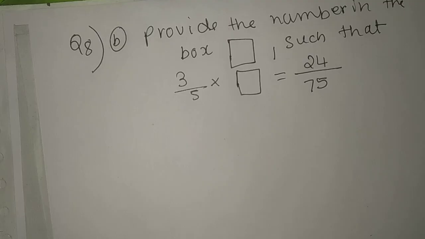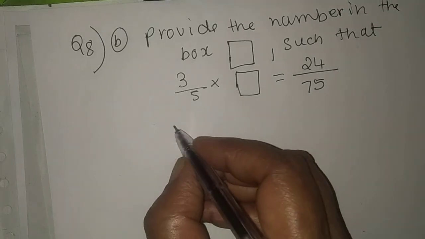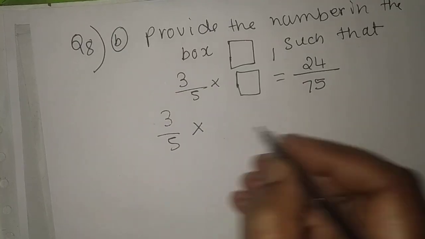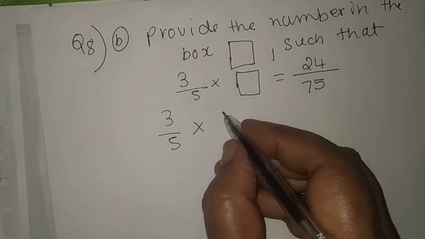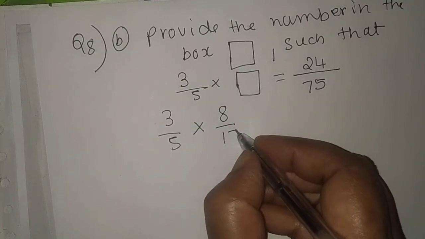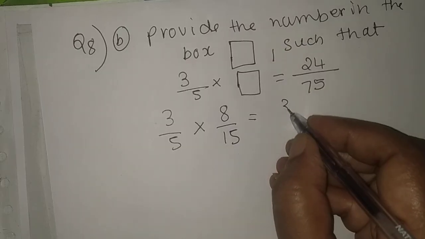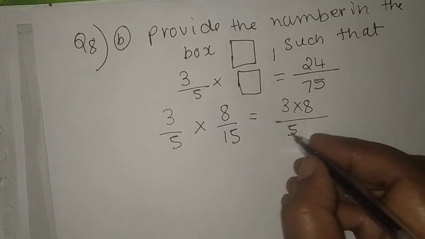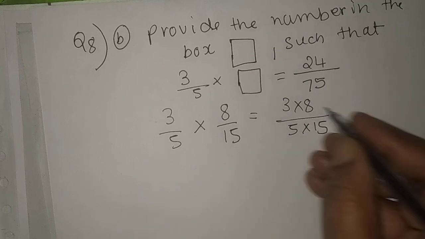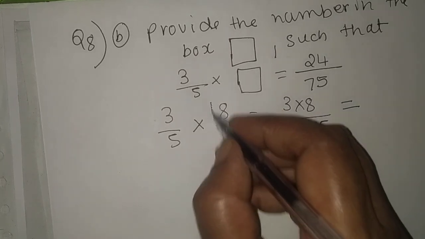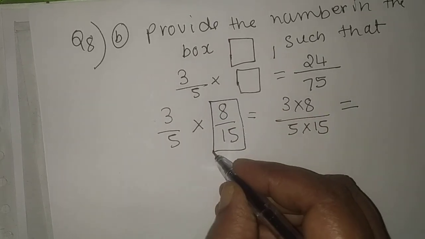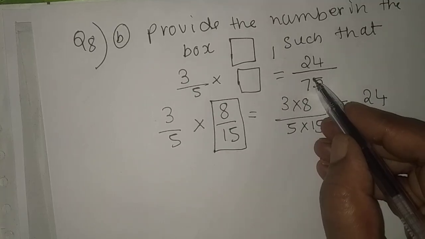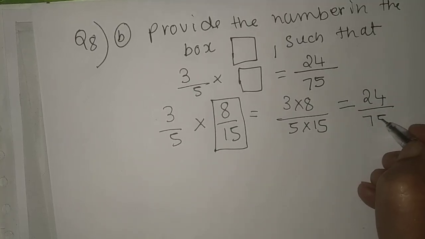Therefore, 3/5 into, we can write as 8/15, which is equal to 3 into 8, then 5 into 15, which is equal to 3 eights are 24, 24/75.